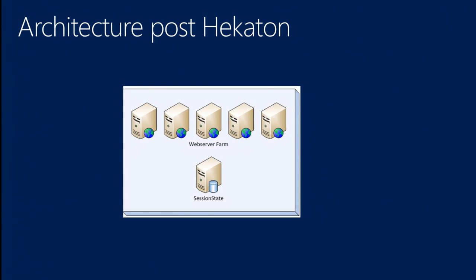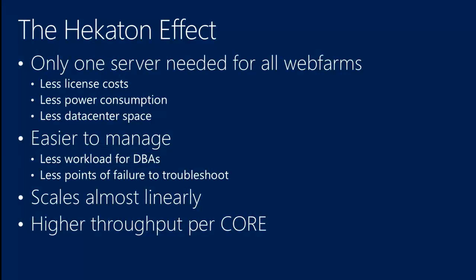And this is not a Superdome or some kind of a $1 million box. The session state server that we use for all this costs less than $30,000. So let's talk a little about the Hekaton effect. As I already said, we only need one server now to service all web farms. Less license, less power consumption, less space, less management overhead.